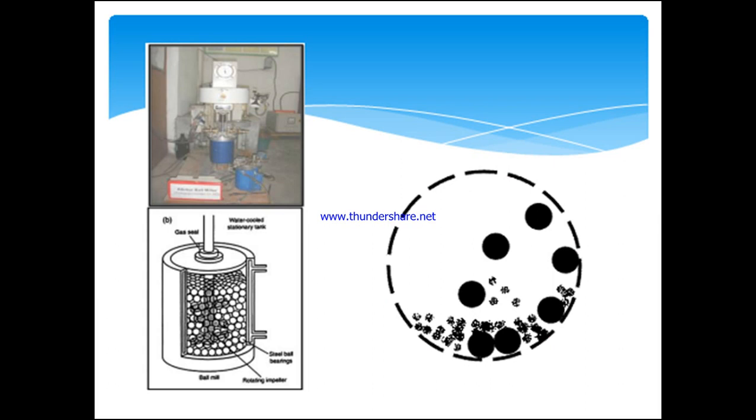Here, the ball milling process depends upon some factors. The factors are the rotational speed of the ball. Based on the rotational speed of the ball, the conversion of the macro material to the nano material depends on it. Another factor is the size of the ball.